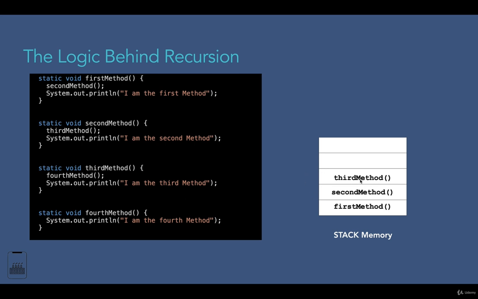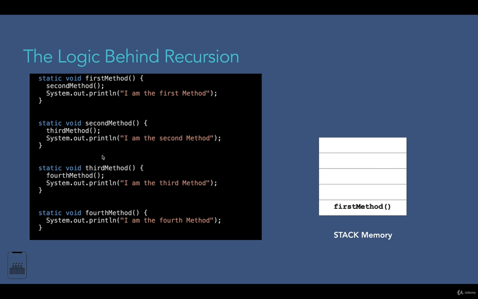So the last method that we inserted will be run first. In this case, after the fourth method, the system will go to the third method, run it, and remove it from the stack. After this statement, we know that the third method is done. Next, the system takes the second method from the stack memory, the second method is called and the print statement is executed. So the execution of the second method is done.